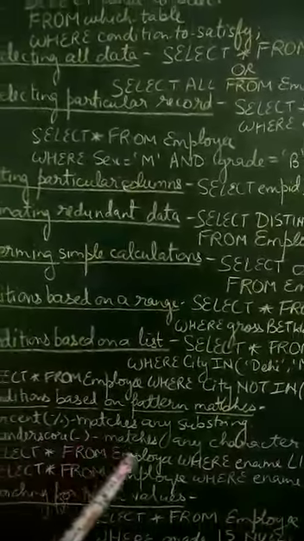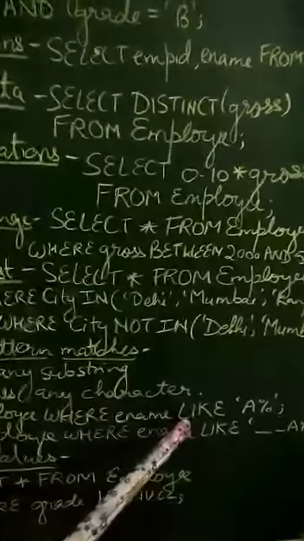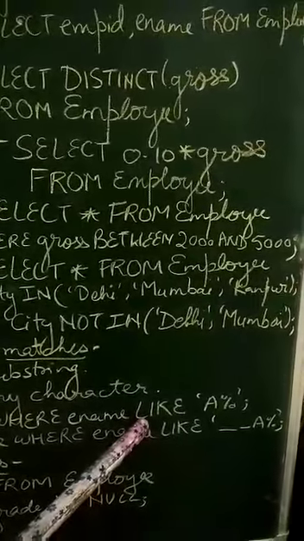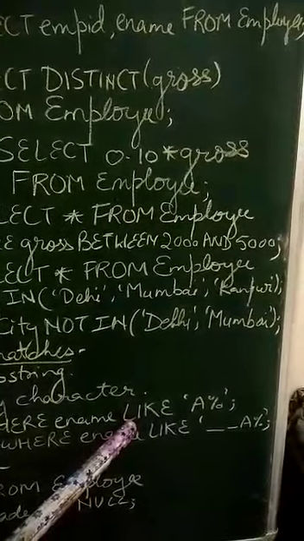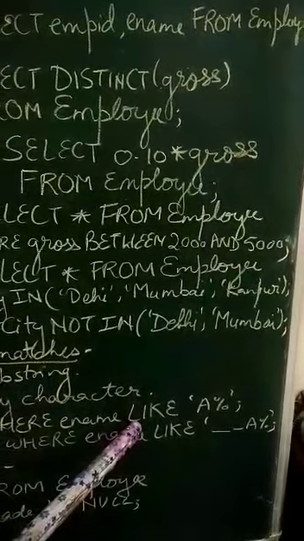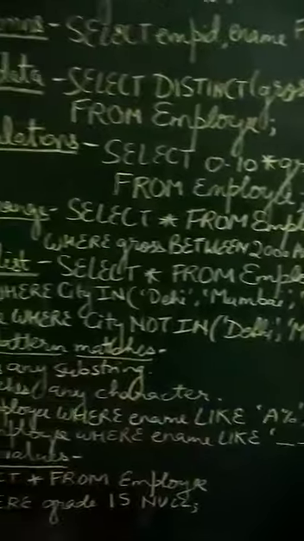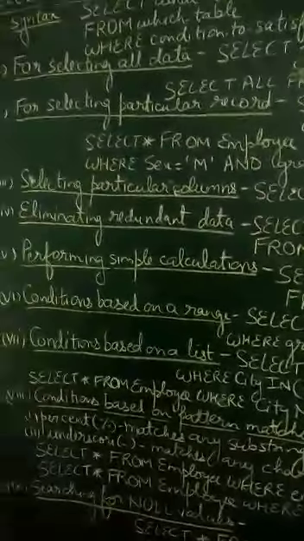The like keyword is used to select rows containing columns that match a wildcard pattern. We can understand it with the help of an example.